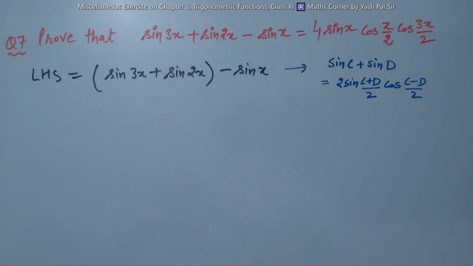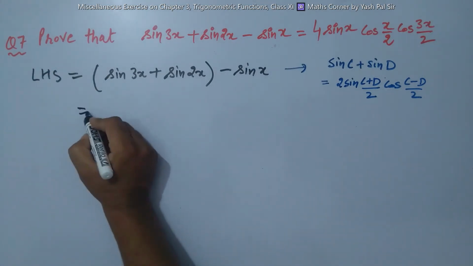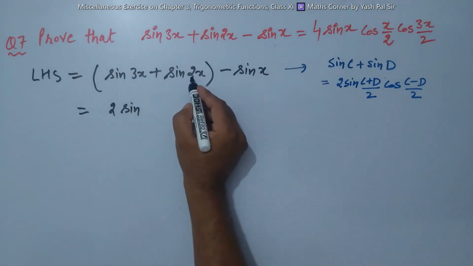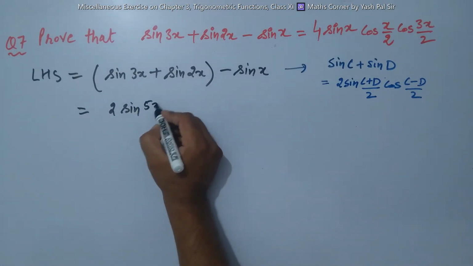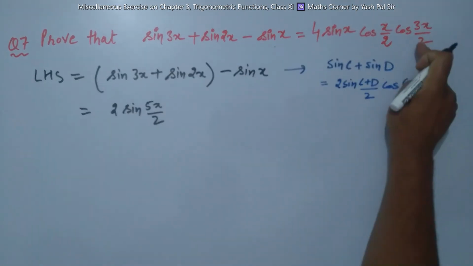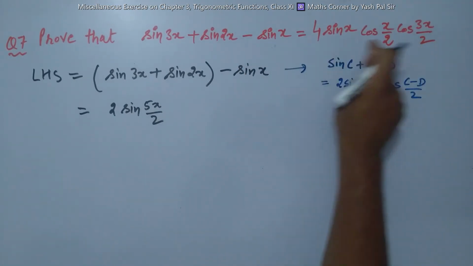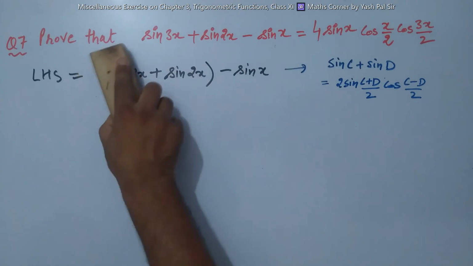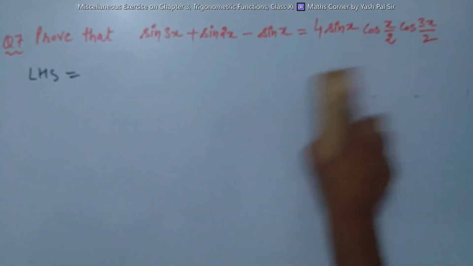So this way left hand side becomes 2 sin (3 plus 2)/2, 5x upon 2. But we see that in right hand side this is not the requirement. So making this pair is not good for us.